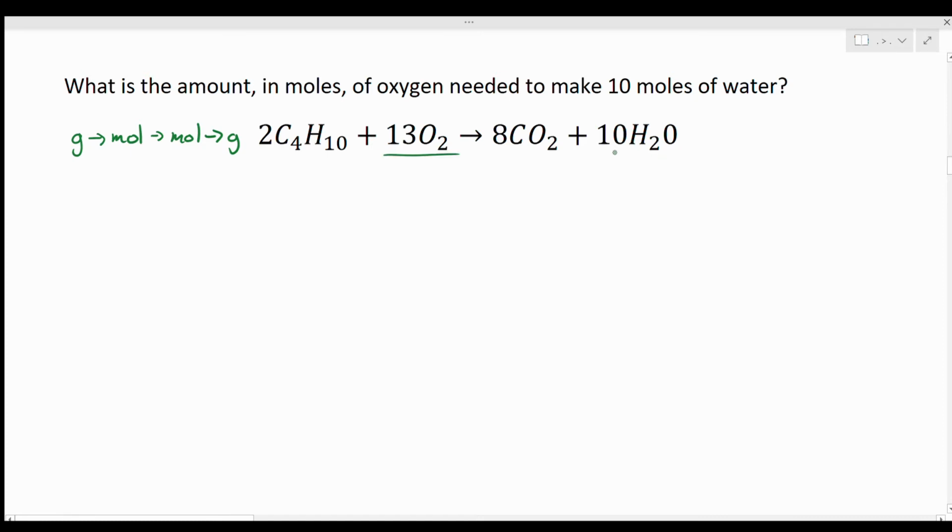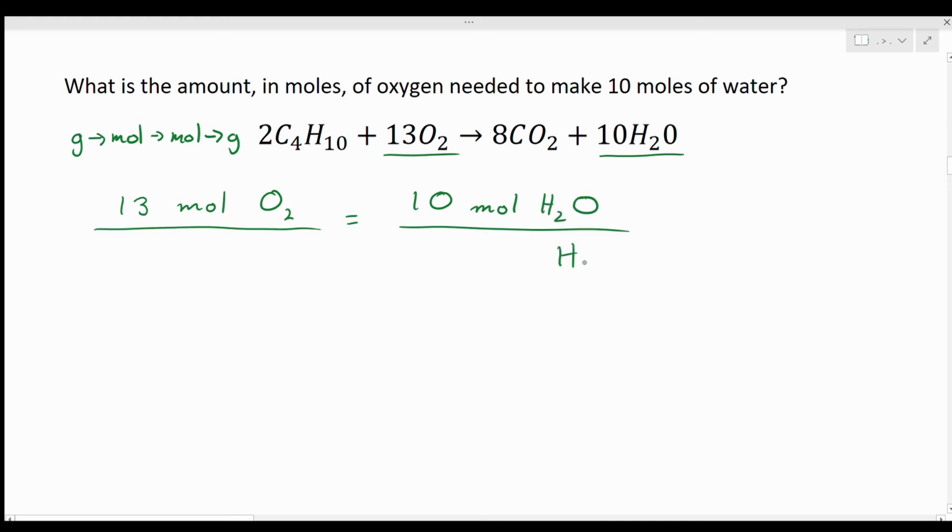Okay, so these two things. Now we see here that what we know is that 13 moles of oxygen gas will give us 10 moles of water. And writing our proportion here, we're going to keep water to the right side and oxygen to the left side.